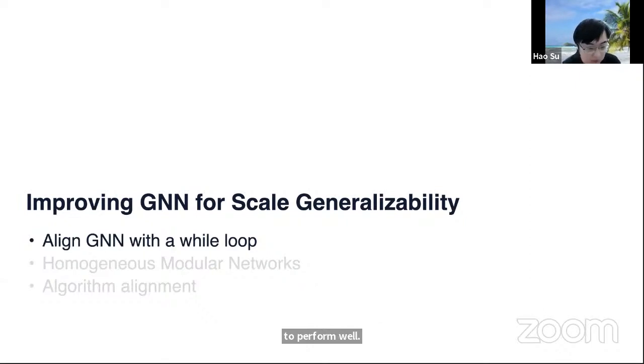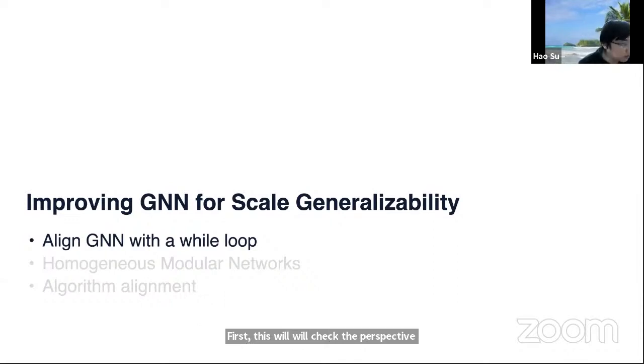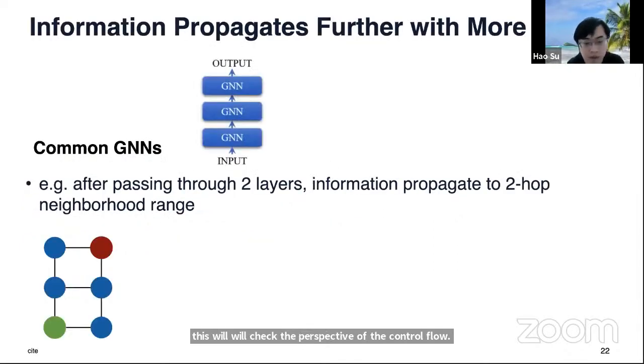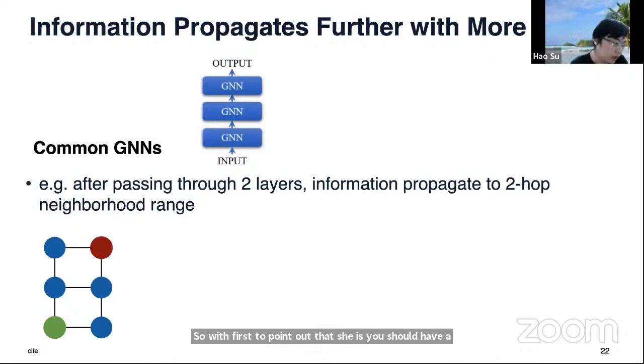Let me start the diagnosis from 3 perspectives. The first is the perspective of the control flow. We first point out that GNNs usually have a fixed number of layers. For example, think about a very simple GNN that only has 2 layers. Then the information would only be able to propagate to the 2-hop neighborhood.